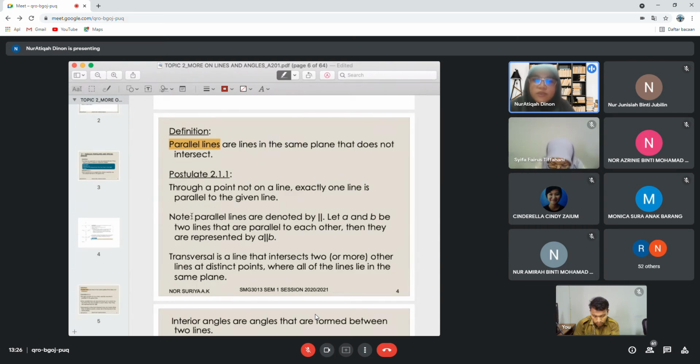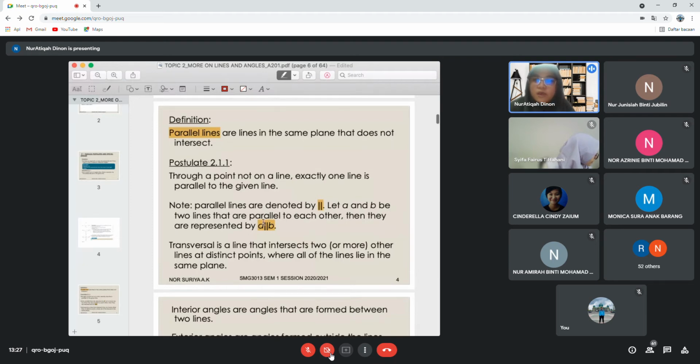Note that parallel lines are denoted by these symbols. Suppose that A and B are two lines that are parallel to each other, then they are represented by this.